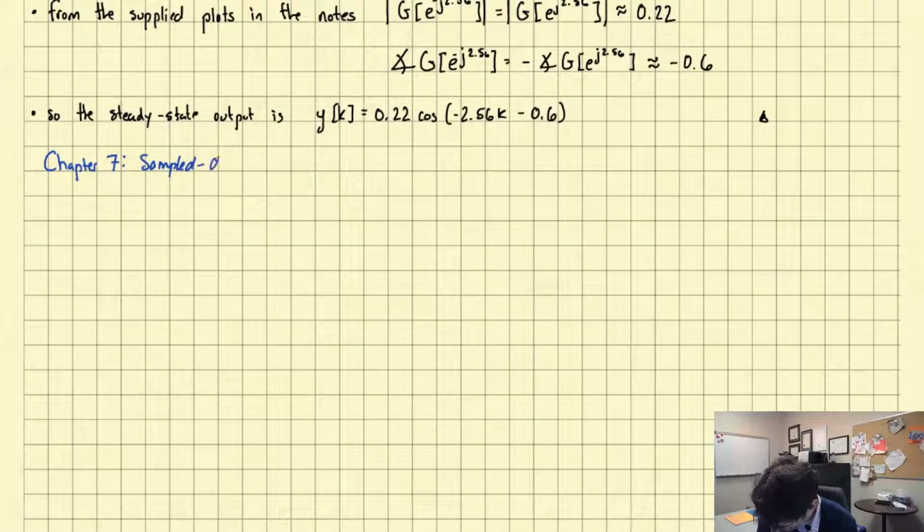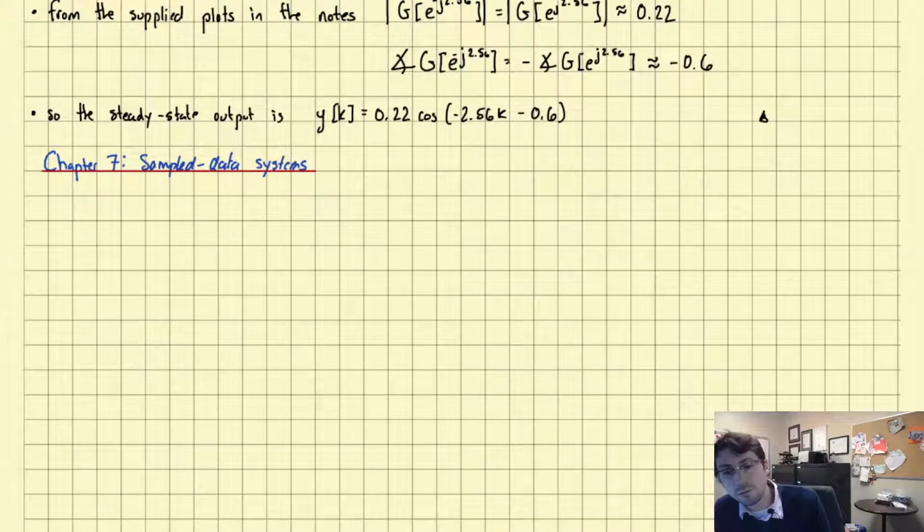And this is sampled data systems. I remind you of our model of a computer-controlled system. It looks something like this.